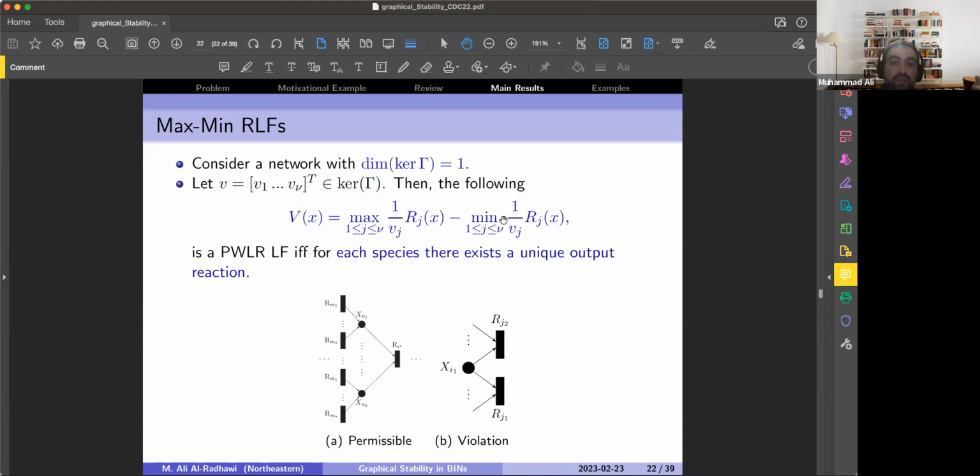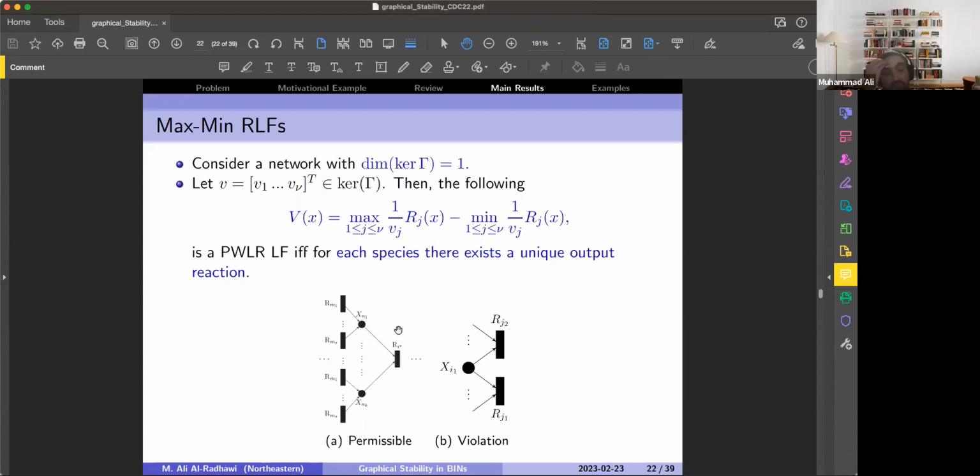For such a network, the graphical condition is that for each species there exists a unique output reaction. For instance, in subfigure A, this is a permissible situation. You have several reactions feeding into this species and this species going to another reaction. For each species, there is only one arrow going out from it.